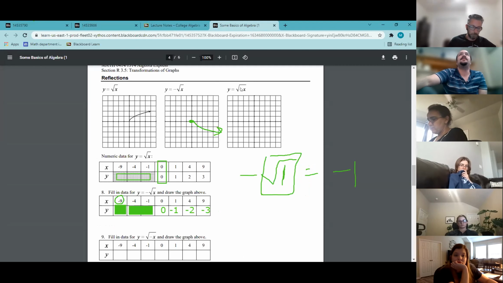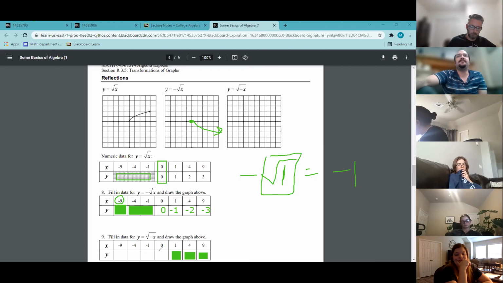If I put the negative on the outside of the square root, I'm flipping it vertically. And I believe with this one, when we put the negative on the inside, positive numbers on the inside are going to become negative. So when I plug in a positive number like 1, I'm getting a negative in my square root. Same thing here, right? I'm getting a negative in my square root when I plug in these numbers. So you flip it horizontally.